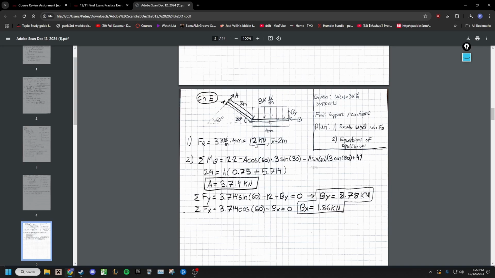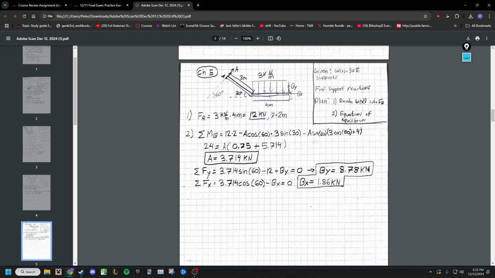We find that to be 12 kilonewtons. And the centroid, we don't even need to calculate. We know it will be in the middle of this rectangle, which is 4 meters long, and so that would just be 2 meters. Now, we find the moment at B, and since there's no dx or dy for B_y or B_x, those cancel out, and that gives us a way to find A.